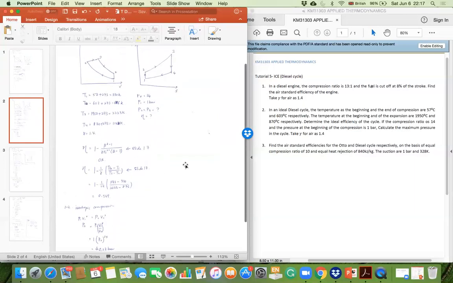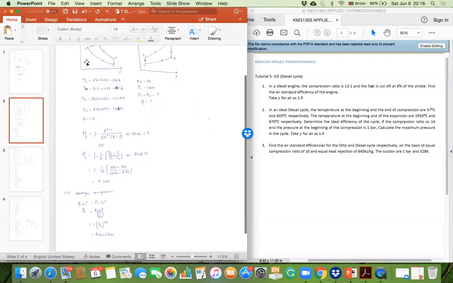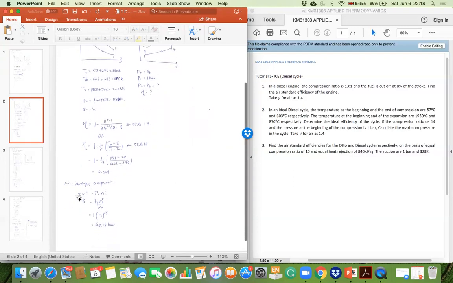The maximum pressure is P2, which equals P3. Am I right? Bear in mind that 1 to 2 in the PV diagram is isentropic, so we can use this equation. Since P1 is given, and V1 over V2 is rv, 14, you can get it very easily.